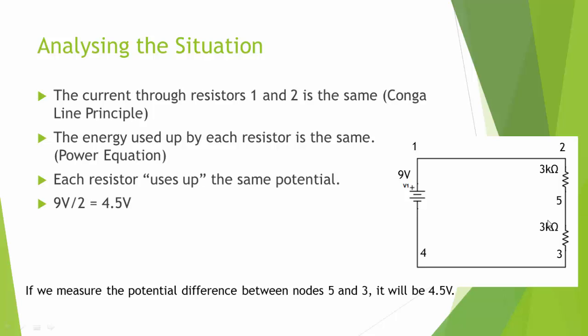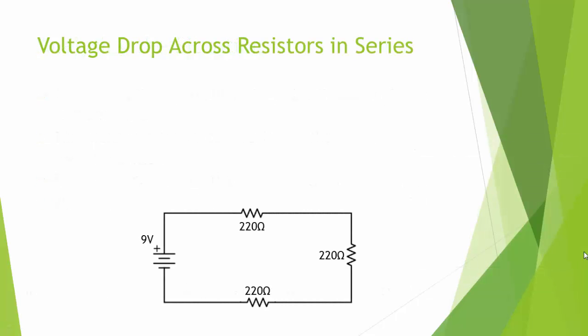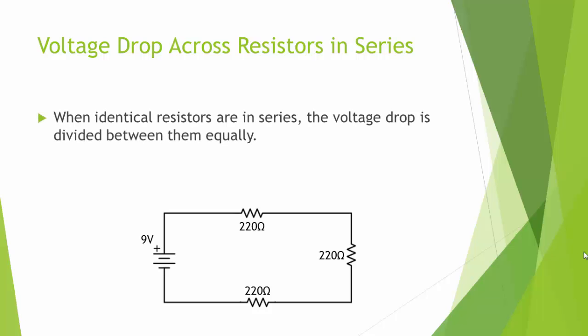And in fact, if we take a voltmeter and put it between 0.2 and 0.5 or between 0.5 and 0.3, we'll see a voltage difference of 4.5 volts. So this is fine and interesting.